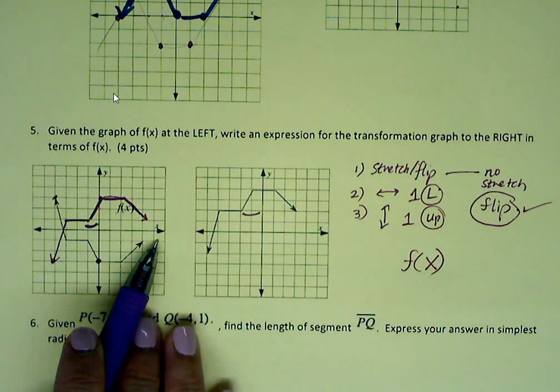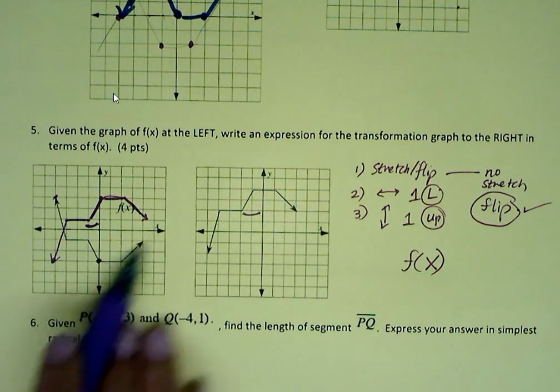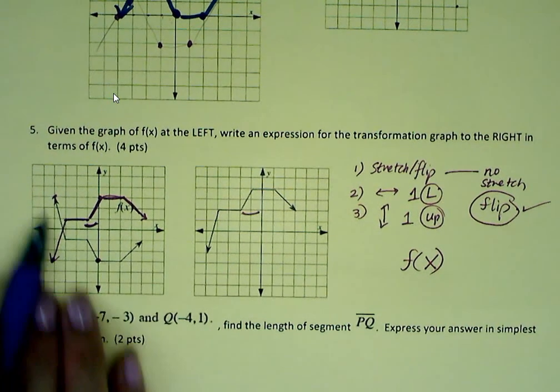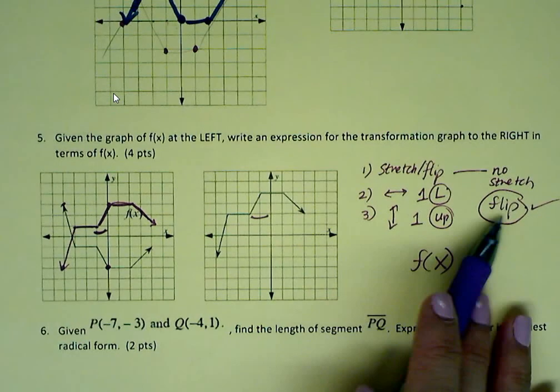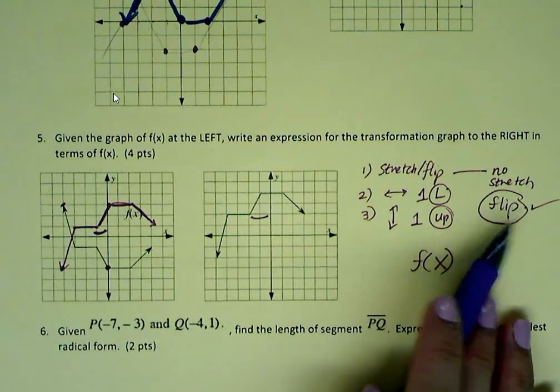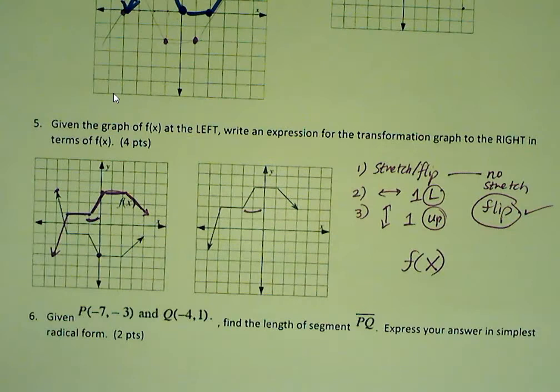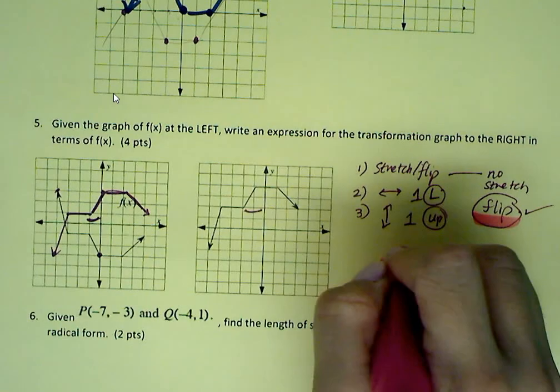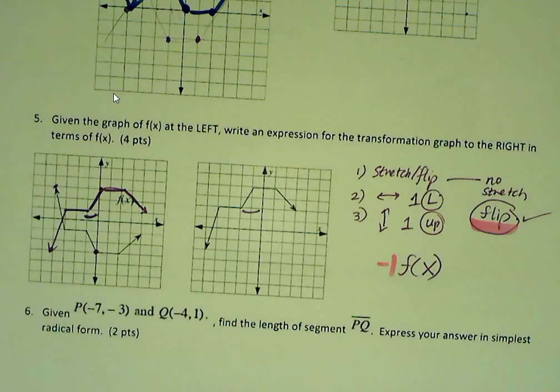How do I do the 1 to the left? I have to fit in a +1 over here, huh? So let's make it bigger. Okay, and then how do I do the 1 up?